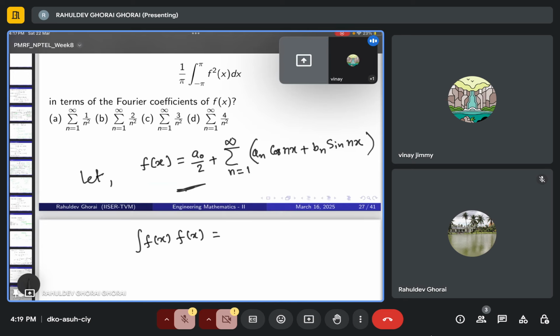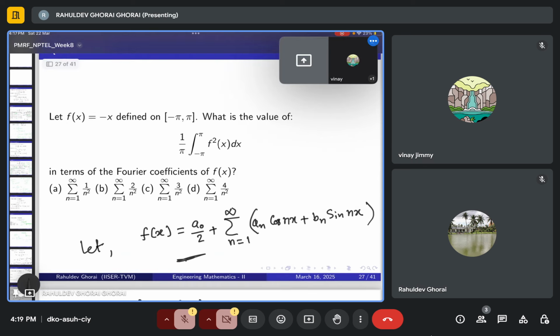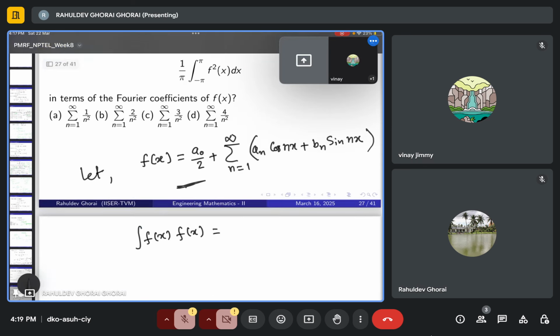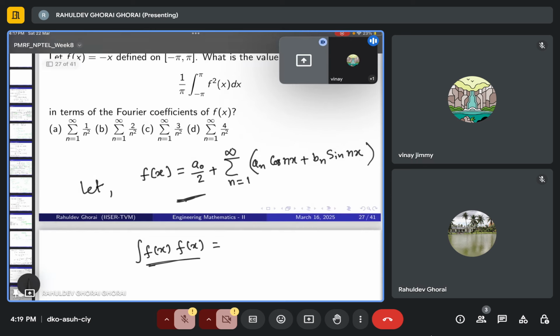But then how do we write the Fourier series for fx, right? So, what is the integration of fx times fx, minus pi to pi? Can you say something about this? That will be the integration from minus pi to pi.